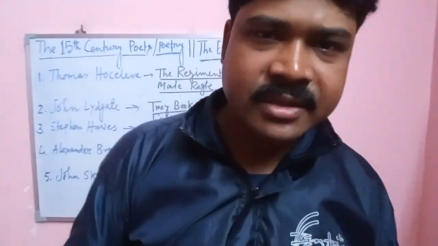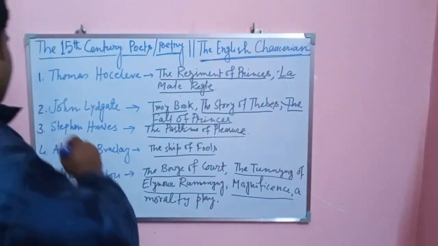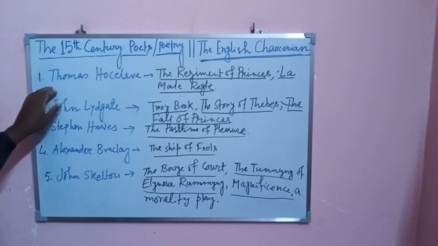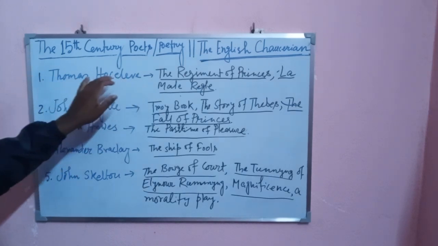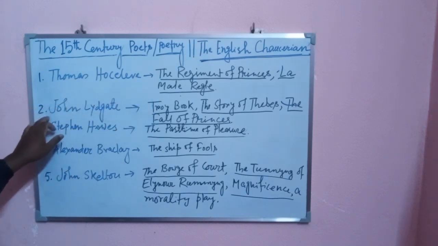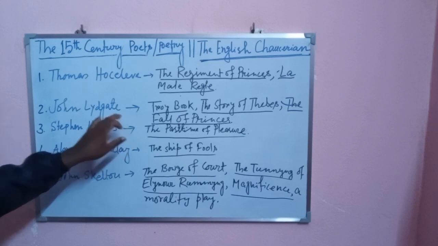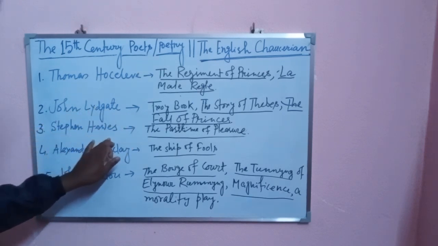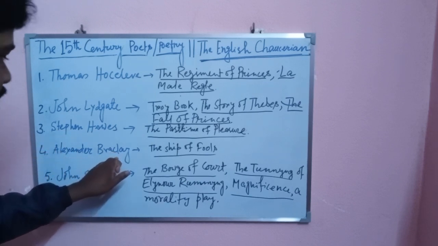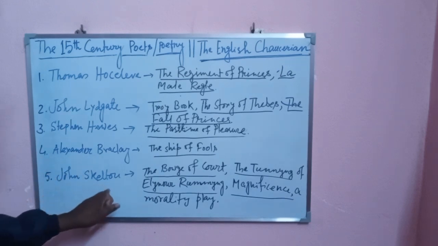So, who are the English Chaucerians? The English Chaucerians are: number one, Thomas Hoccleve; number two, John Lydgate; number three, Stephen Hawes; number four, Alexander Barclay; and number five, John Skelton.